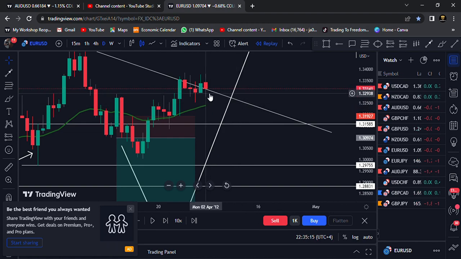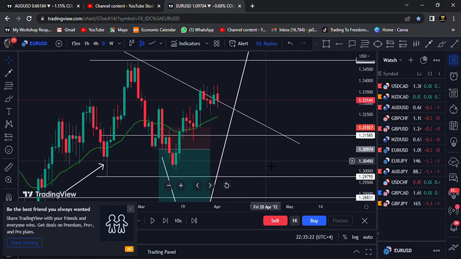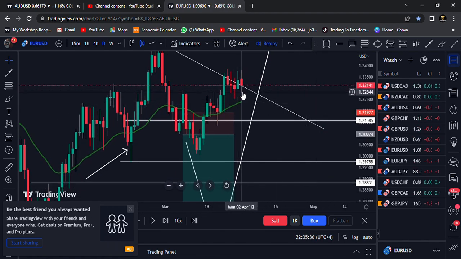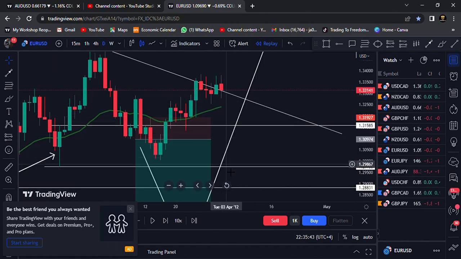So this is a sell signal, indicative, and a strong one as well, because the market just gave us a lower high here at a trend line. The trend line is actually not completely broken, so there are chances that the market might want to come back down.